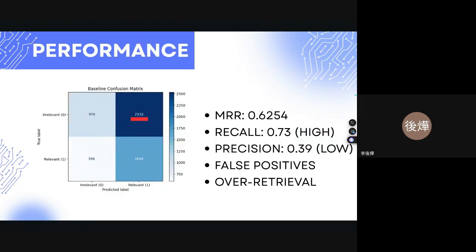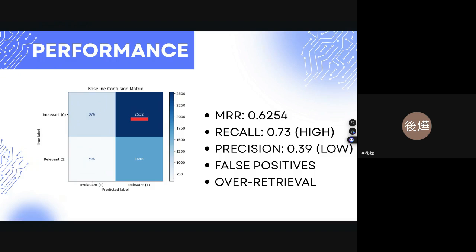Let's look at the performance. Our baseline MRR is 0.6254. Looking at the metrics, our recall is strong at 0.73, meaning we are finding most of the relevant content. However, our precision is low at 0.39.